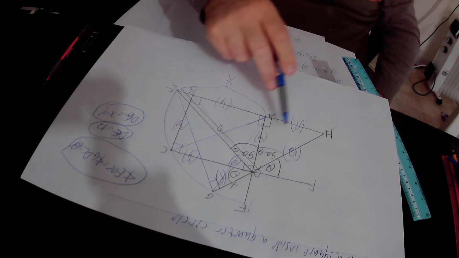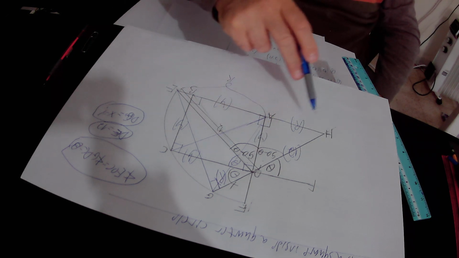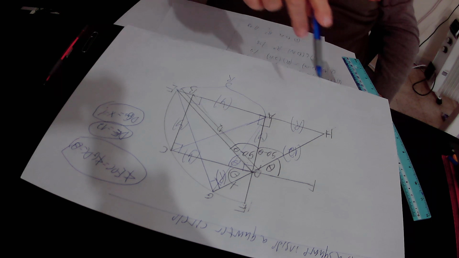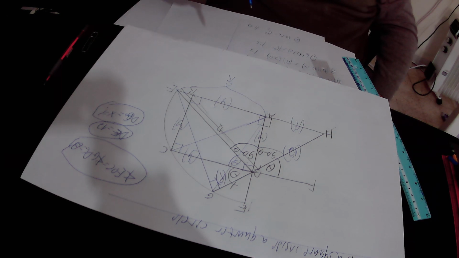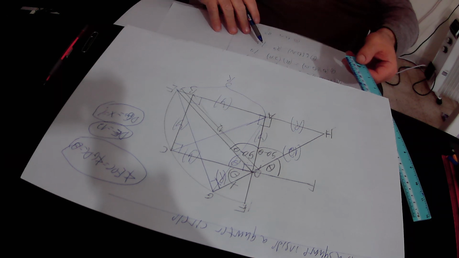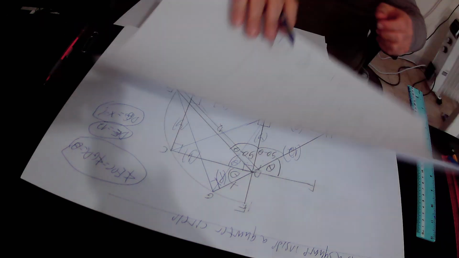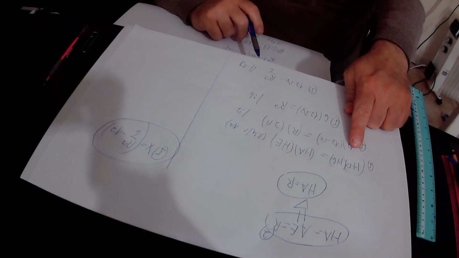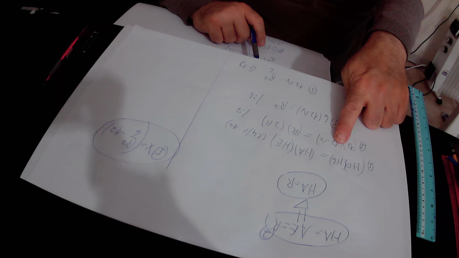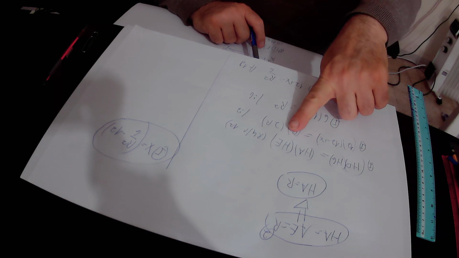Again, HD times HG equals HA times HE. And again, according to rule 12, HD times HG equals HA times HE.